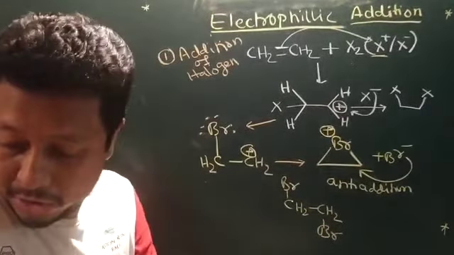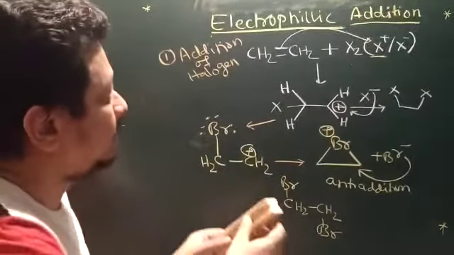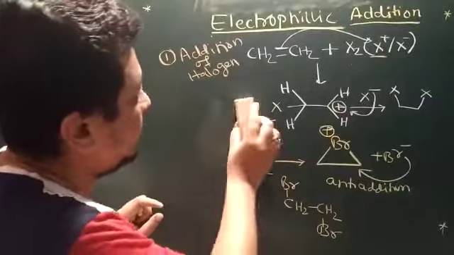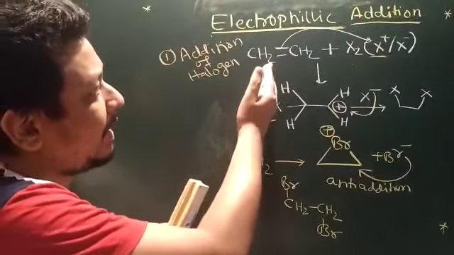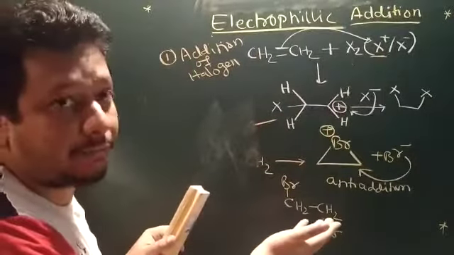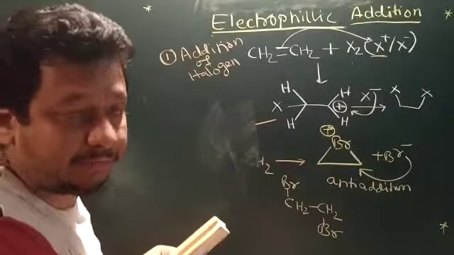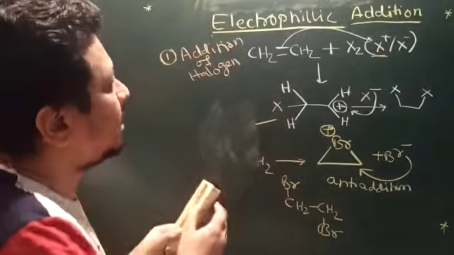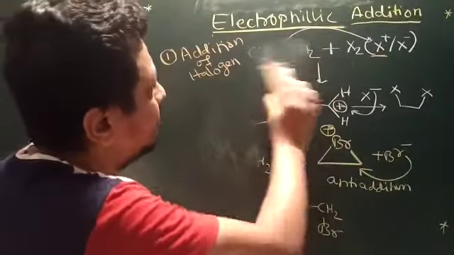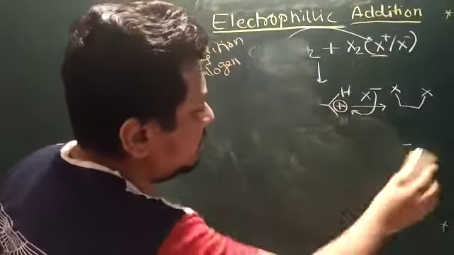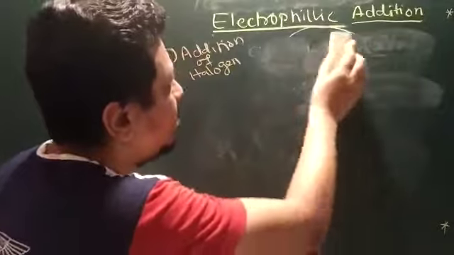Now suppose you have this alkene, we are not having any stereochemical features involved. It is not a stereoselective reaction, nor stereospecific. Now suppose I have taken an alkene which can be either cis or trans.